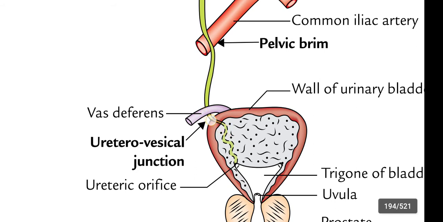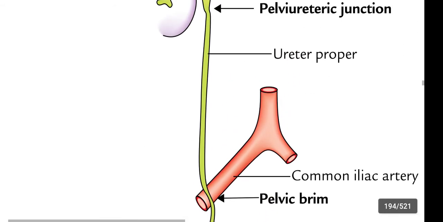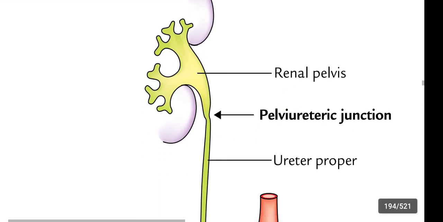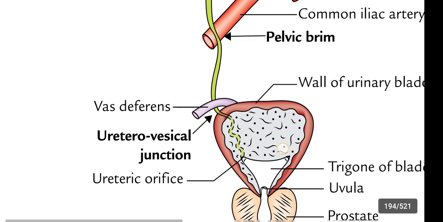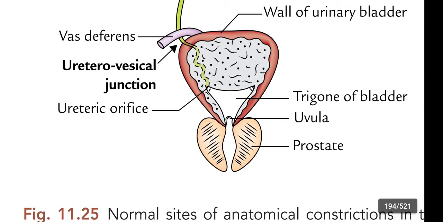Okay guys, these are the three sites where the ureter undergoes constriction: pelviureteric junction, pelvic brim, and ureterovesical junction. And this is the trigone of the bladder, uvula, prostate, ureteric orifice.